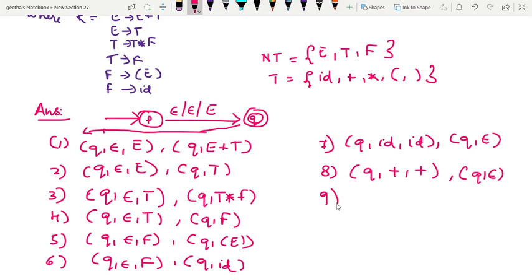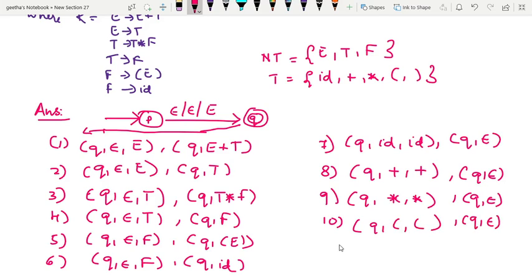Next, the ninth one: Q, comma, star, comma, star, comma, Q, comma, epsilon. Then the 10th: Q, comma, open parenthesis, comma, open parenthesis, comma, Q, comma, epsilon. The 11th is Q, comma, closing parenthesis, comma, closing parenthesis, comma, Q, comma, epsilon. This is the PDA for the CFG.